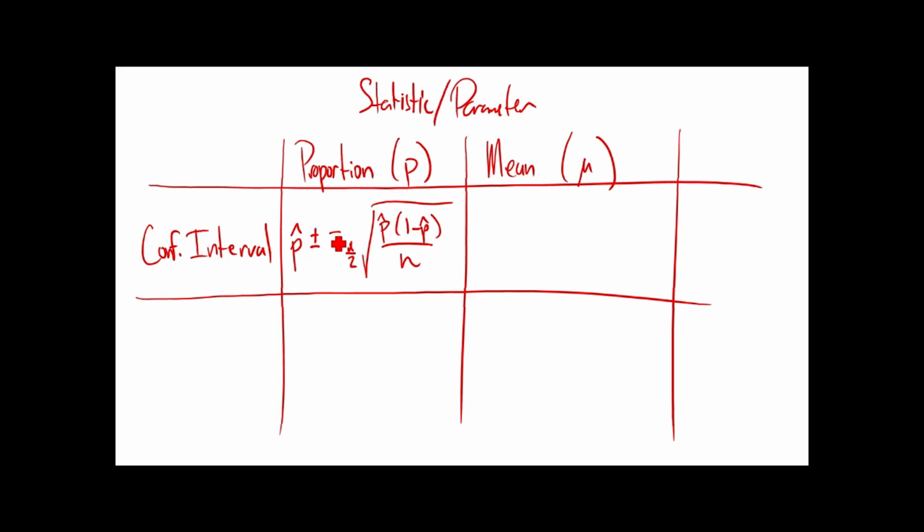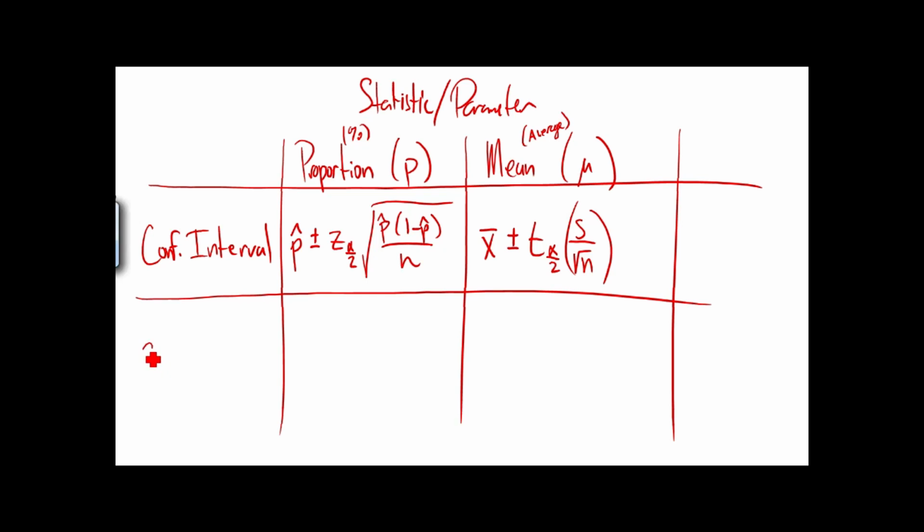And it's a z interval, so the multiplier comes off the z table. But if you're trying to estimate a mean, then we're going to use our mean confidence interval formula, and that's going to be a t interval. So you just have to say, is it proportion or mean? Proportion is sometimes also called percent, mean sometimes called the average. Keywords to look for.